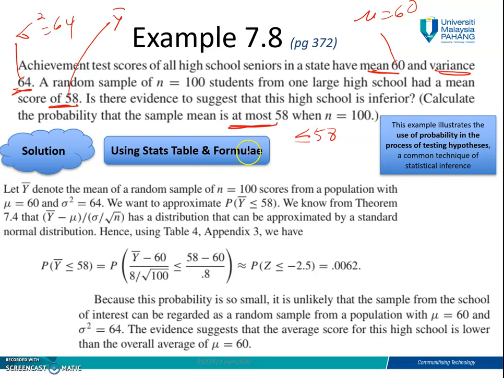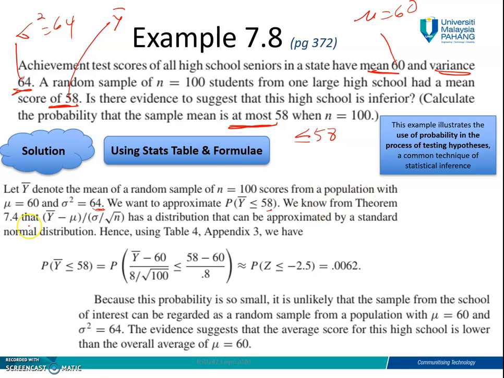So this is the solution, using the statistical table formula as well. Let Y bar denote the mean of a random sample of n equal to 100 from a population with mu 60 and sigma square 64. Now we want to approximate the probability of Y bar less than 58, Y bar at most 58.